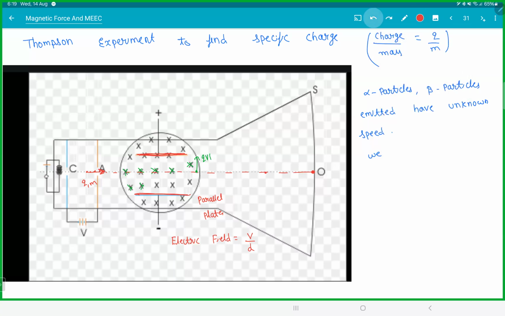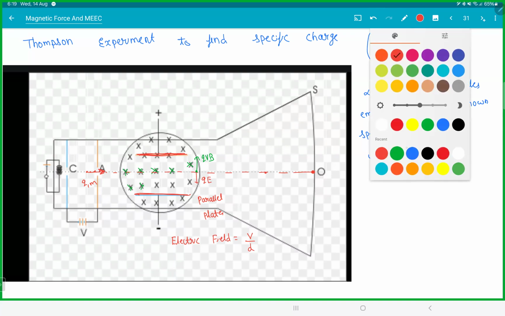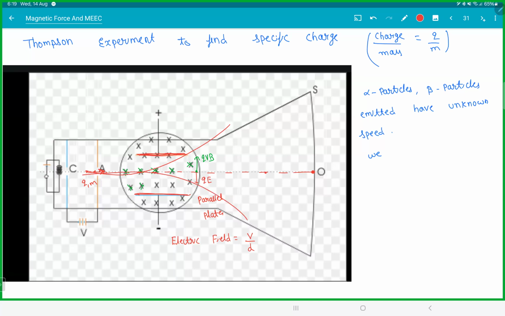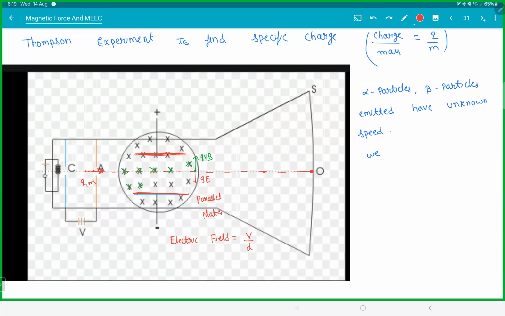I think I wrote it reversed, but okay. Now think about it. If these two values are not matching, what would have happened? This would have deflected like this or deflected like this, right? So the beams would have deflected, they won't hit at the center. So you keep adjusting the values.